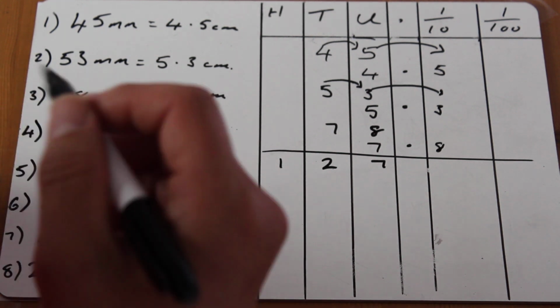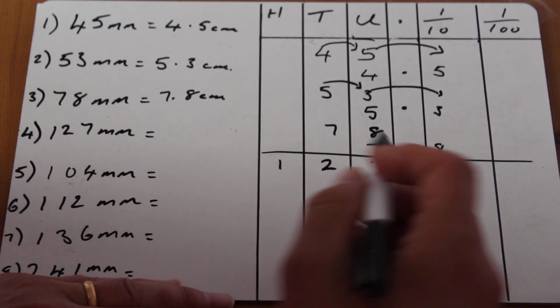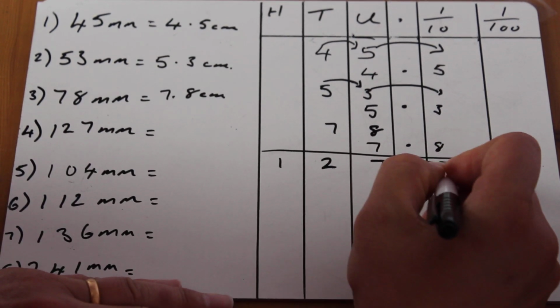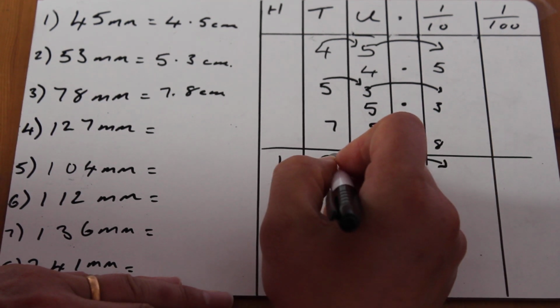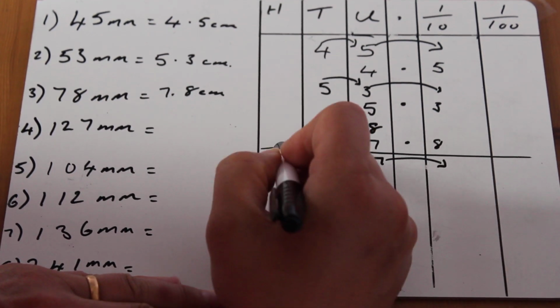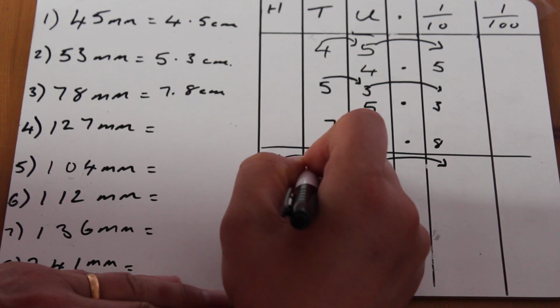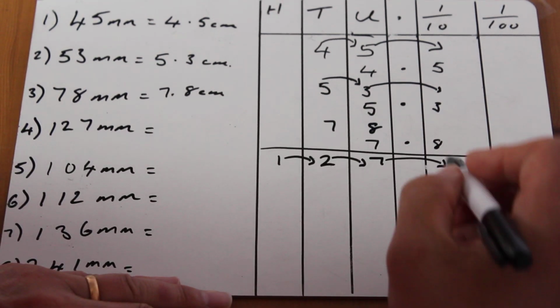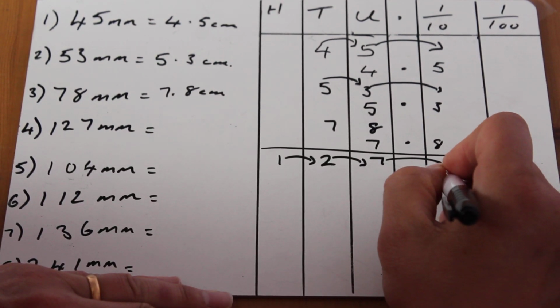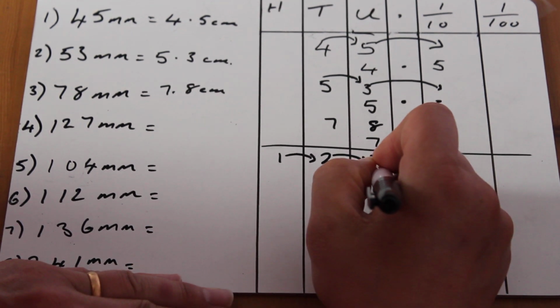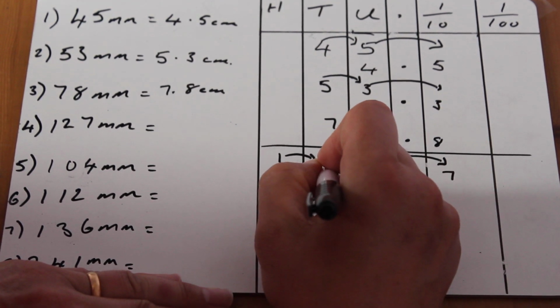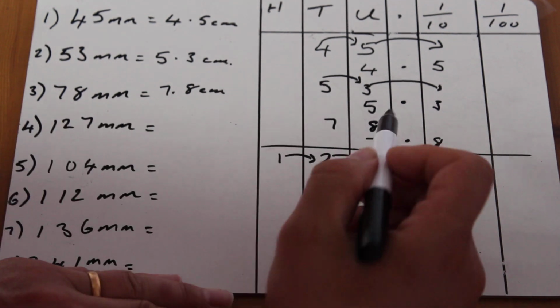I'm still only dividing by 10, which means that the 7 is going to jump across into there, the 2 is going to jump across into there, and the 1 is going to jump across into there. So I'll rewrite underneath the arrows. My 7 goes there, my 2 goes there, my 1 goes there.